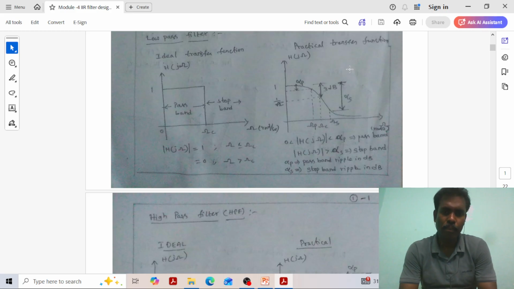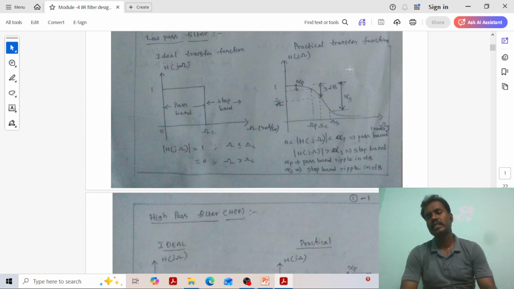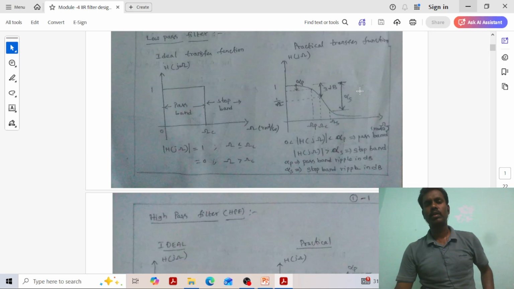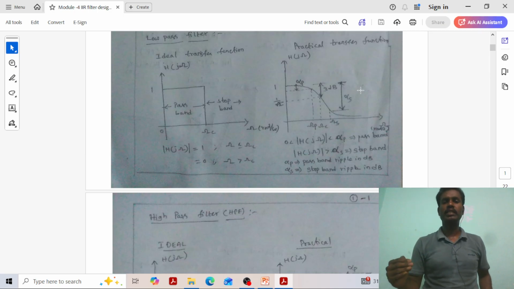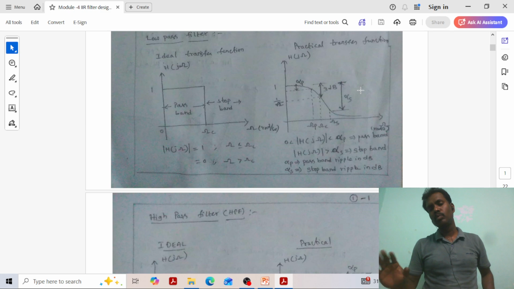So this much attenuation can be acceptable in the passband. That is called the maximum allowable variation in the passband. So this is the passband ripple, in decibels. And alpha s is the stop band ripple. This is the minimum attenuation that can be fixed at the stop band. It may be more than that also.